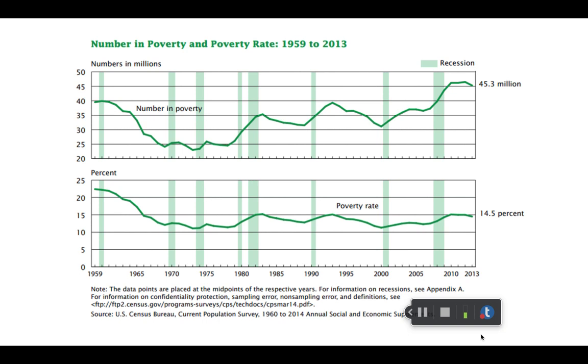The poverty rate is a measure of prevalence, showing the number of people in poverty adjusted for population size. You see the poverty rate beginning around 22% in 1959 and coming down to a little below 15% in 2013.